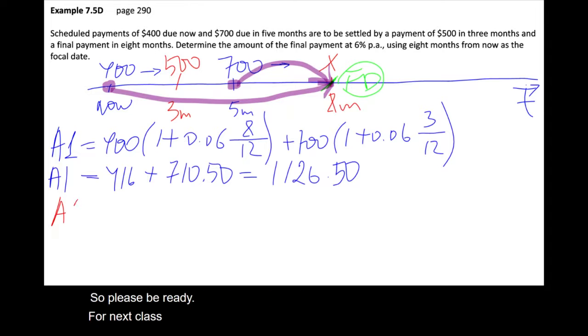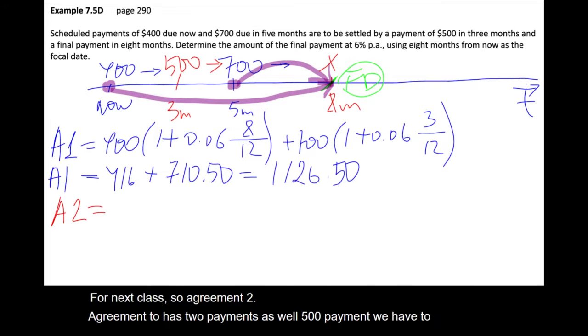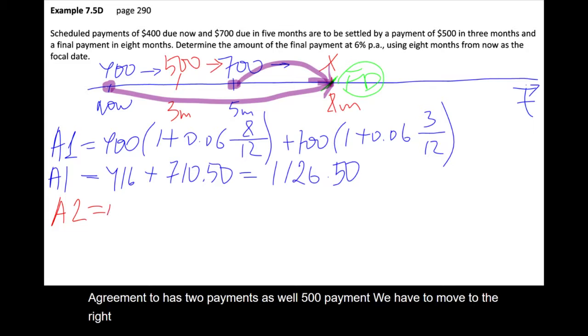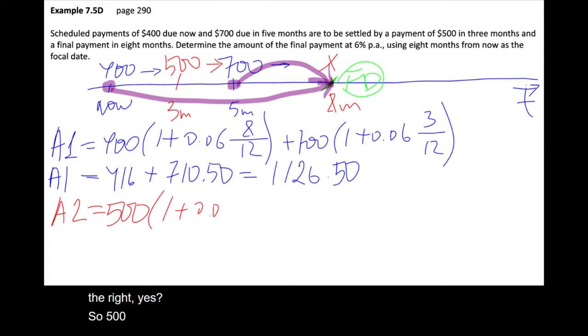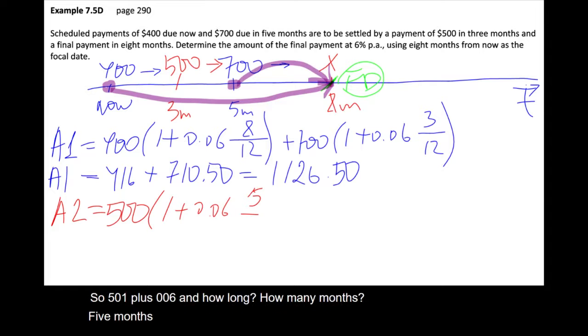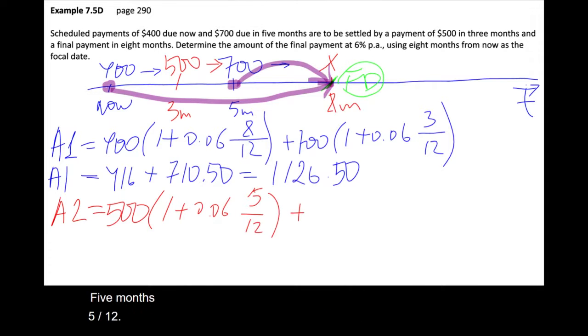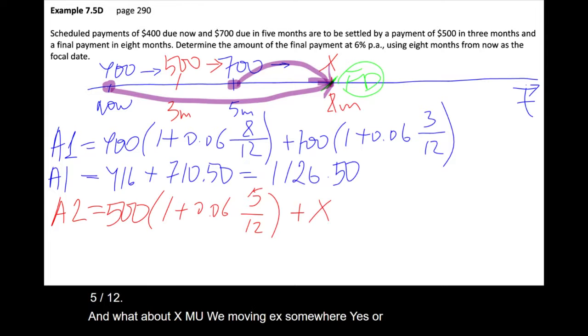So agreement 2. Agreement 2 has 2 payments as well. The 500 payment, we have to move to the right. So 500, 1 plus 0.06, and how long? How many months? 5 months, 5 over 12. And what about x? Are we moving x somewhere, yes or no?